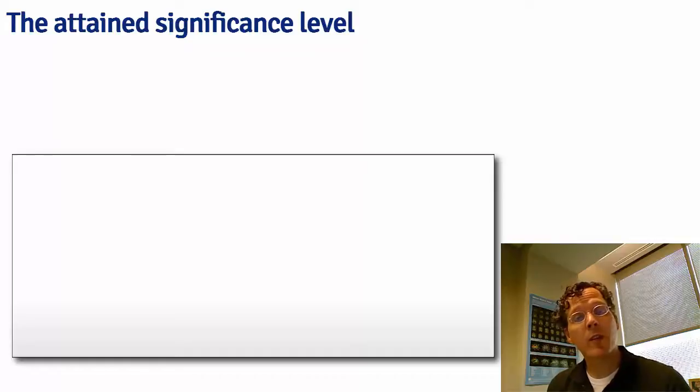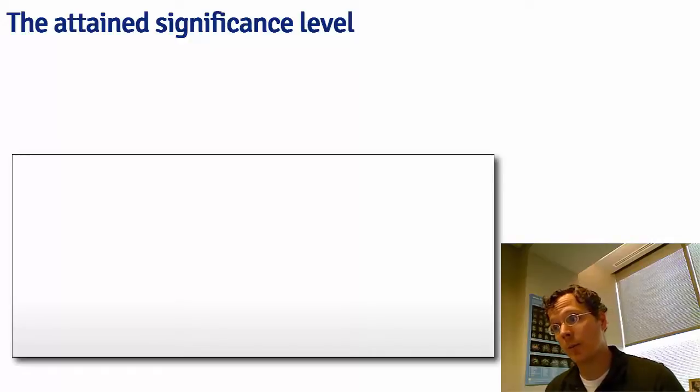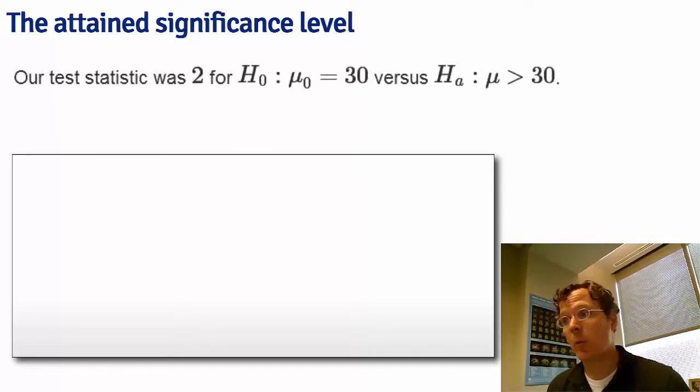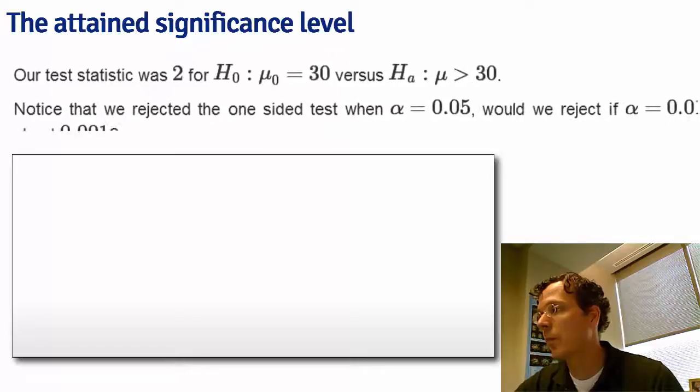There's another way to think about the p-value as the so-called attained significance level. Recall we went through an example where our test statistic was 2 for H naught mu equal to 30 versus mu greater than 30. Larger test statistics are more supportive of the alternative, where 2 means our test statistic was 2 standard errors above the hypothesized mean of 30. Let's assume that our test statistic is standard normal distributed rather than t-distributed, just to make our discussion a little easier.